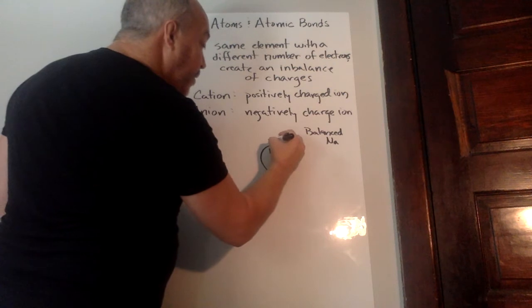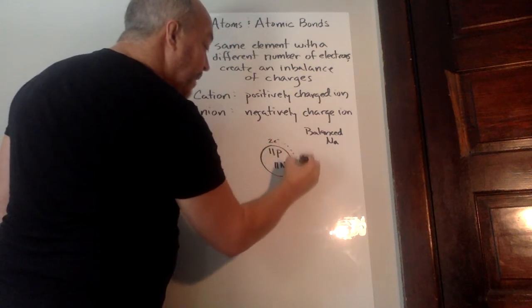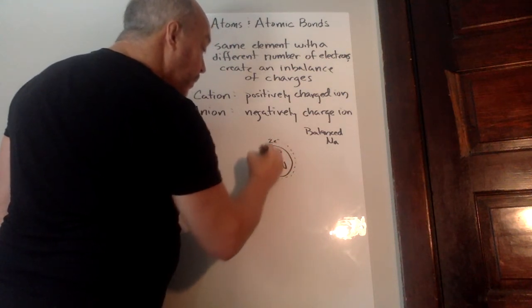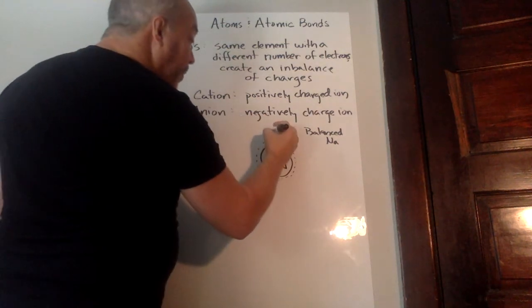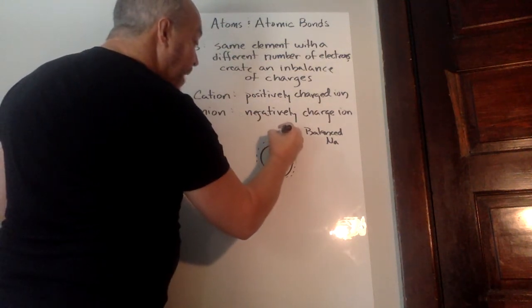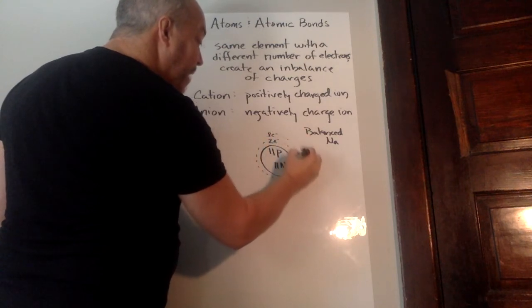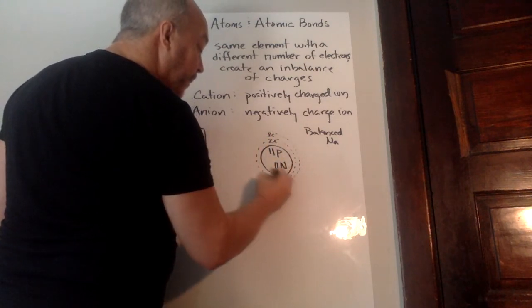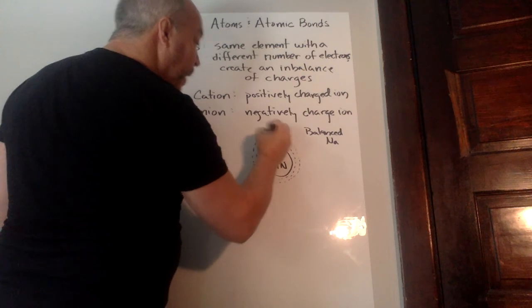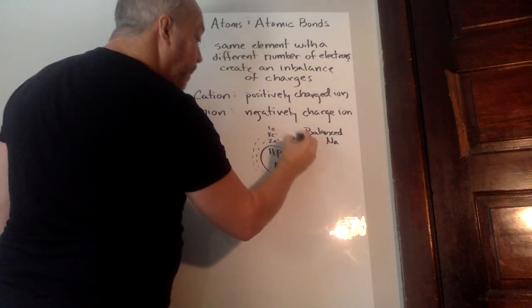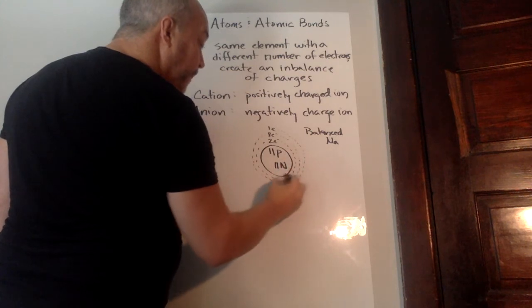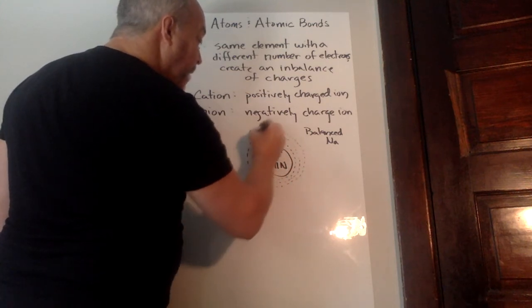So it's going to have 2 electrons in that first shell because that's the max. 11 minus 2 gives me 9 remaining. So remember, the second shell has a max of 8. So we now have 10 of our electrons distributed. And so that leaves us this one lone electron in that valence shell.